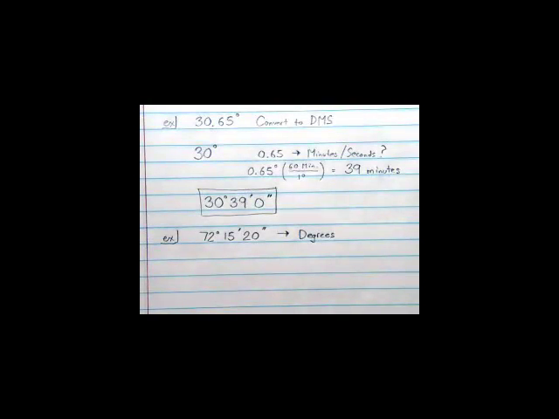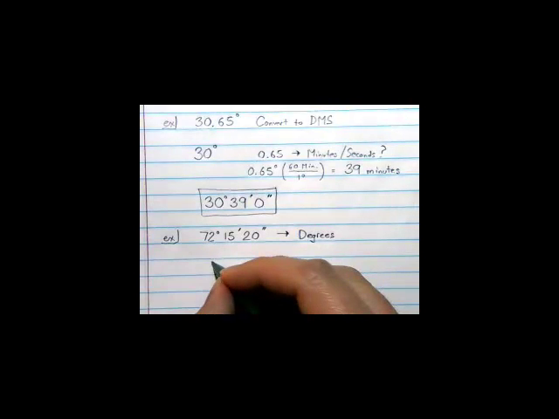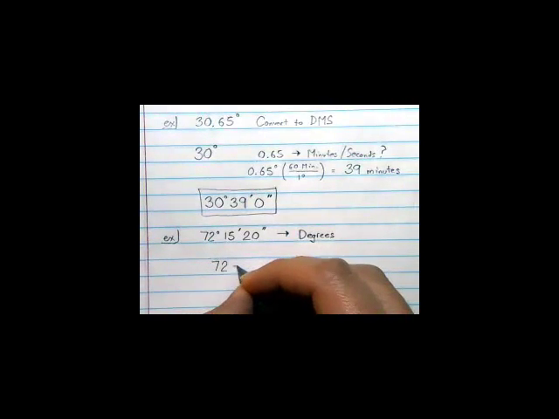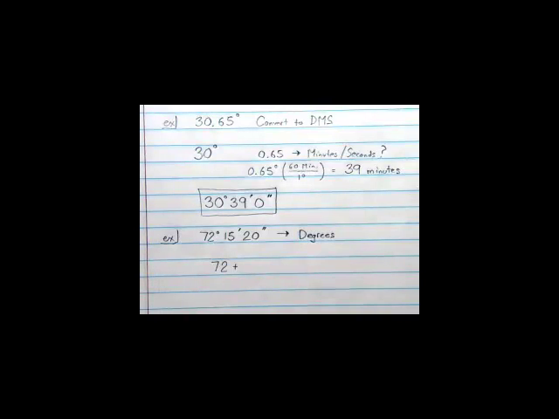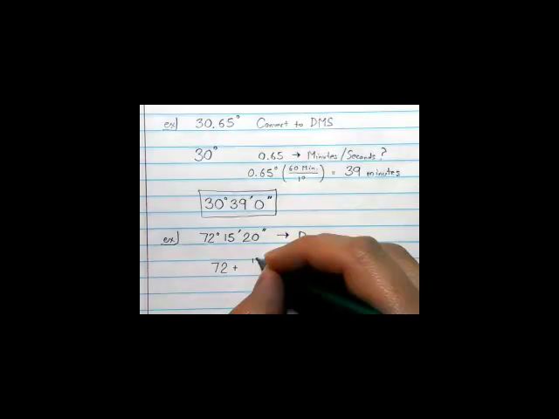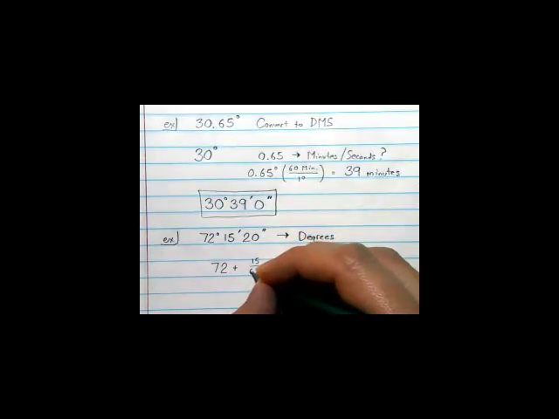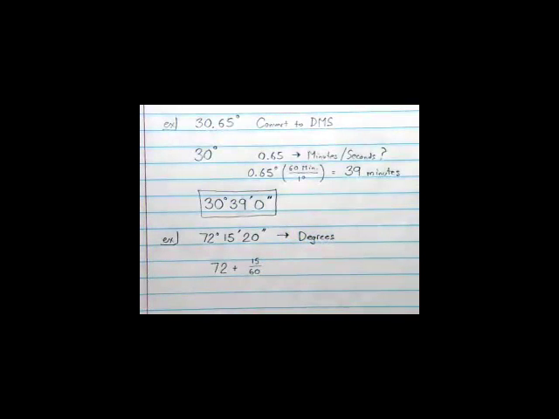Okay, now we could do this process of divide by 60, and that works. That's fine. The way I like to do it, and you can do it the other way if you want to, is I say, all right, I got 72 degrees plus I've got 15 minutes. If I have 15 minutes, that means I have 15 sixtieths of a degree, right?